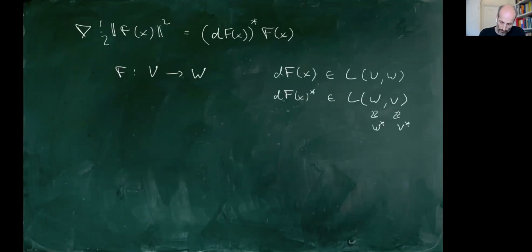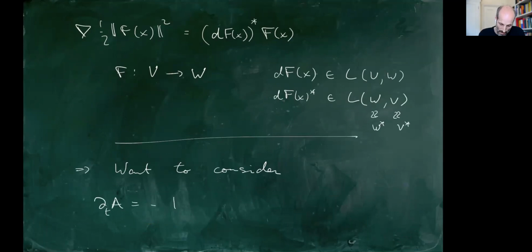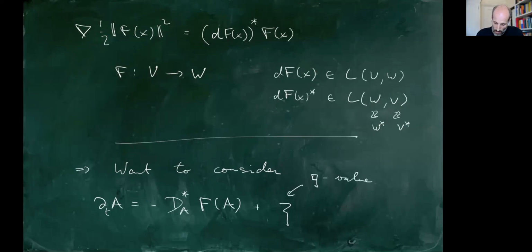So that tells us that we would want to consider the equation dTA is equal to minus the adjoint, the L2 adjoint of the covariant derivative applied to f of A, and then plus psi, and now our psi should be a g-valued space-time white noise.